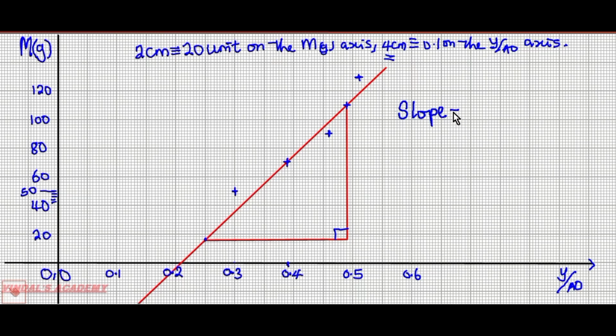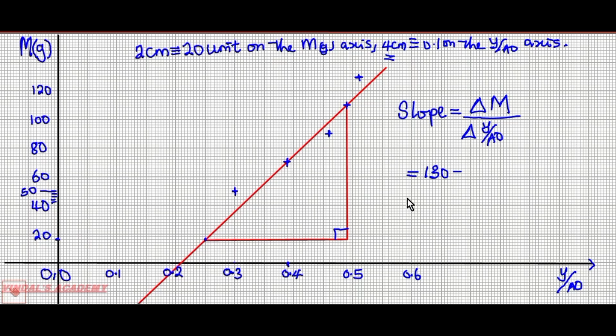So my slope is going to be change in mg, change in mass, all over change in y over AO. So I'm choosing the point.